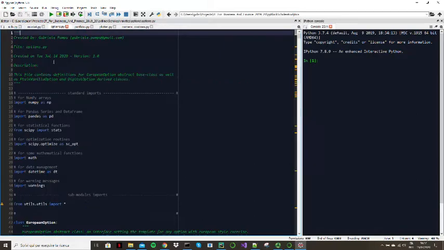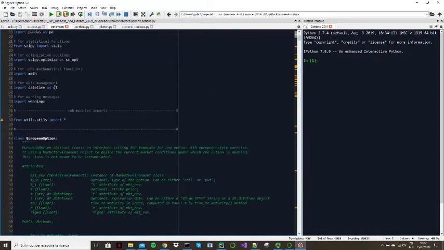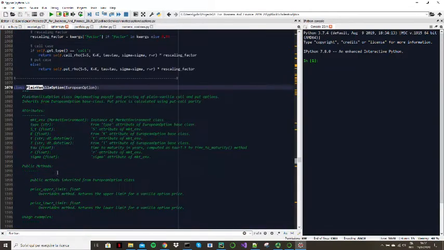Then we have our European option class, which is an abstract class that has two subclasses, the plain vanilla option and digital option classes.